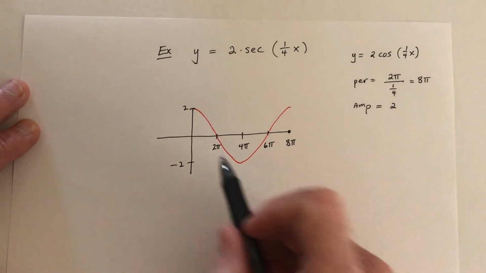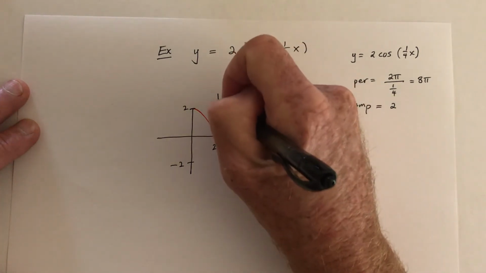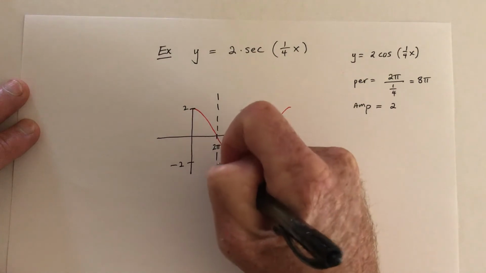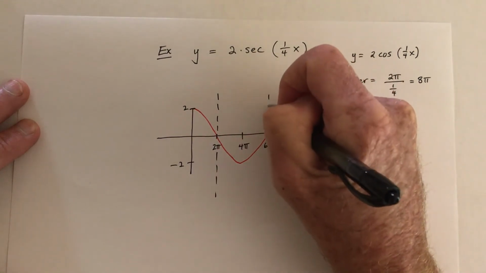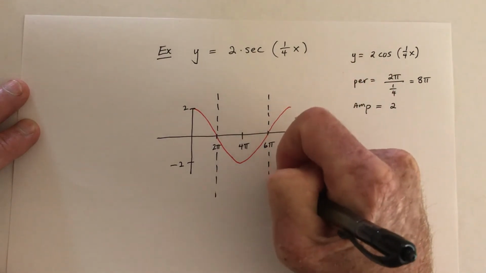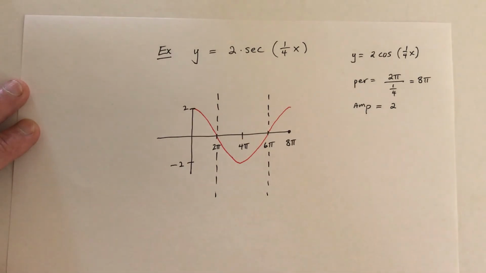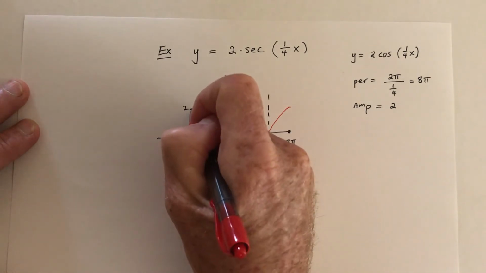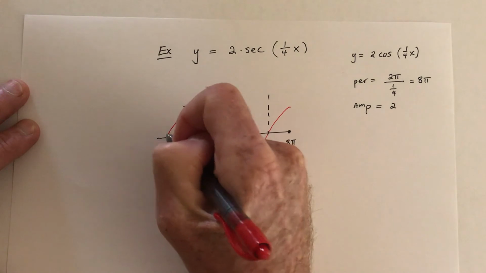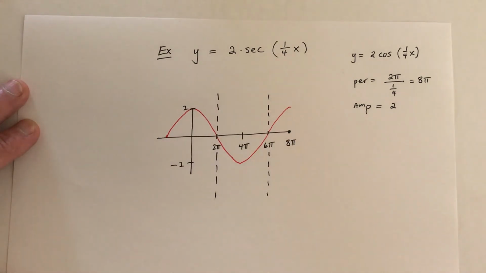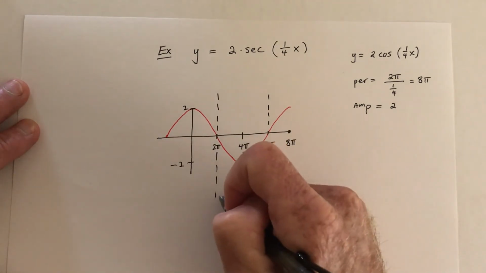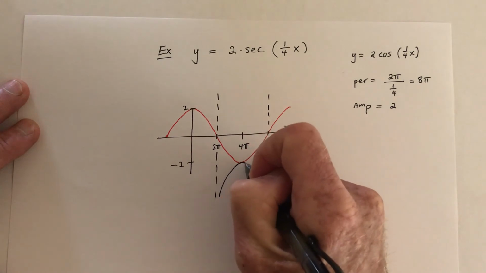So whenever it equals 0, that's where there's going to be an asymptote. And it looks like I'm going to need to continue the graph. I'm going to continue it to the left so that I have another asymptote over here. Because I need to be able to flip this one upside down to make one branch of it.